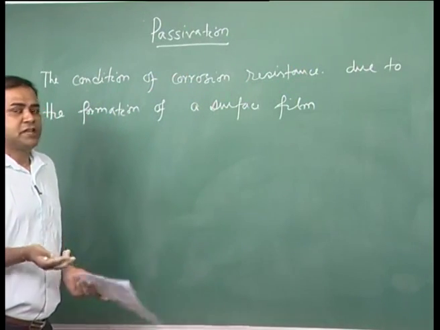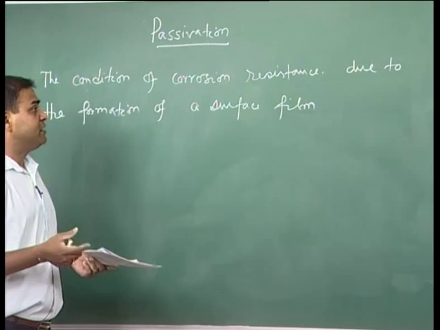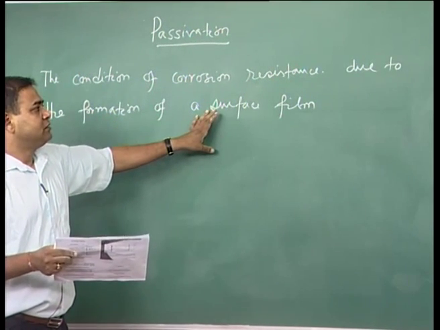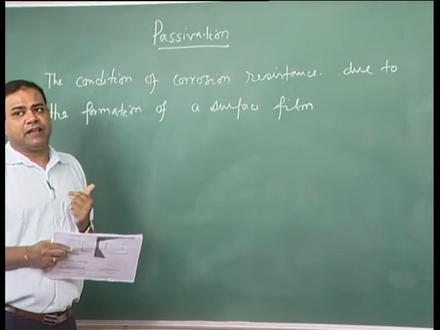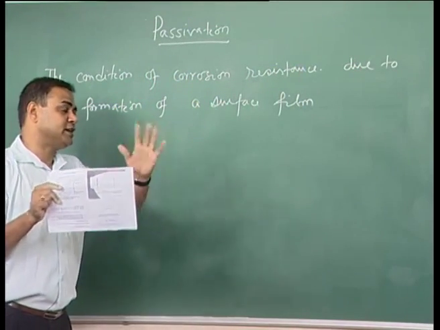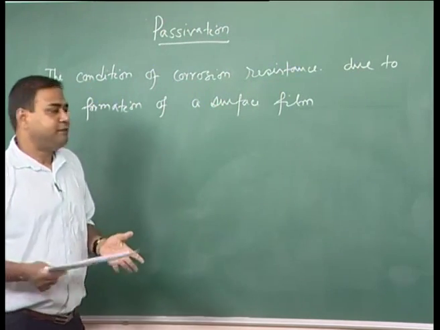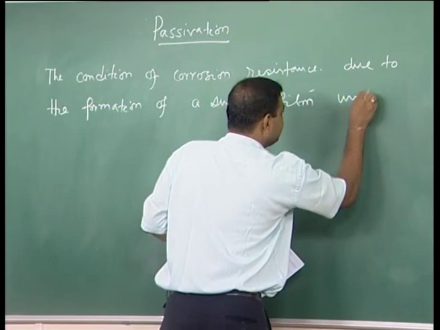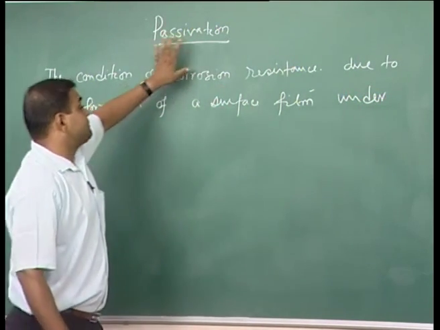which can be oxide, which can be hydroxide, which can be sulfate, anything which protects the surface of the metal from the electrolyte. If you do not have that contact between the metal surface and electrolyte, you are going to have less corrosion reaction. Surface film. Now, one most important parameter for this passivation is coming.